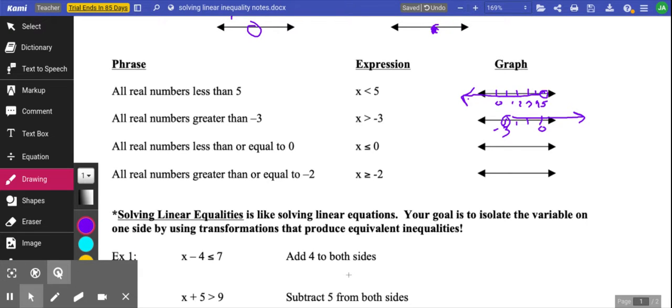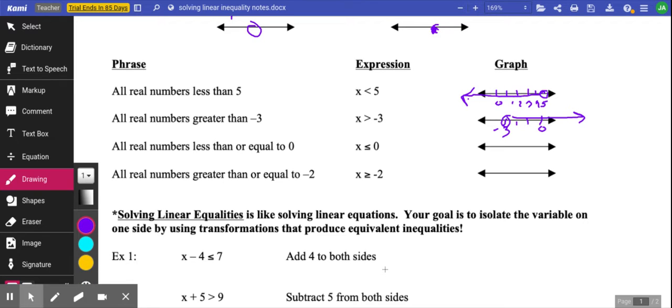The trick here is if the x or the variable is on the left-hand side, which, once we get into solving, I'm going to encourage you to do, the arrow points the same way as the inequality. This is pointing to the left, so we draw the arrow to the left. This is pointing to the right, so we draw the arrow to the right. That's just a little trick to remember.